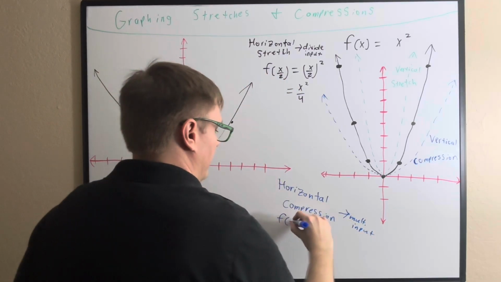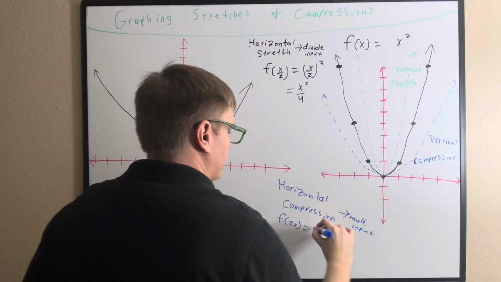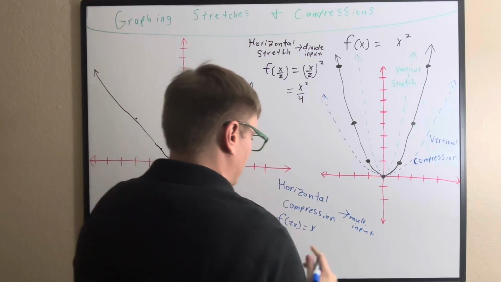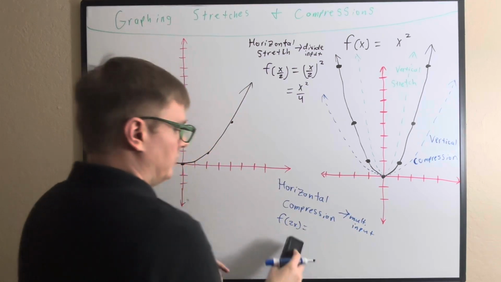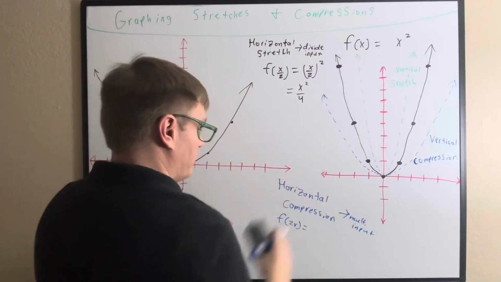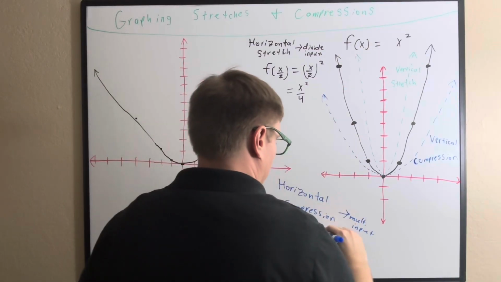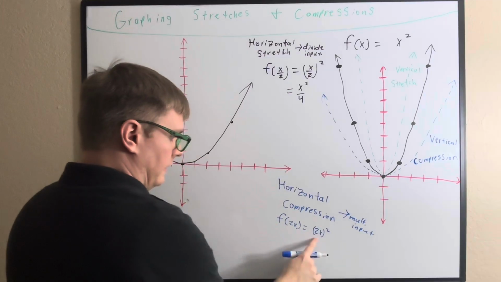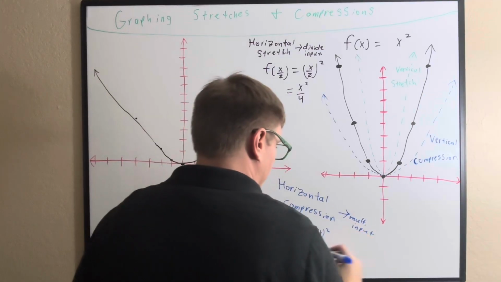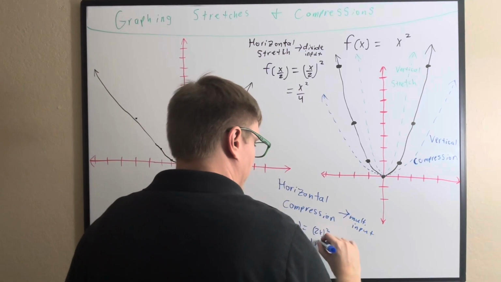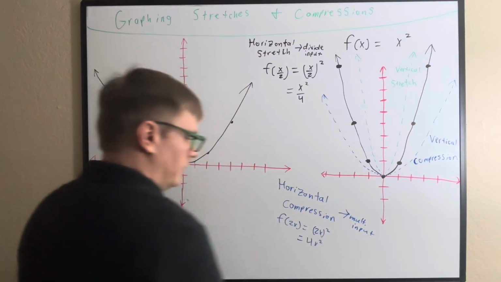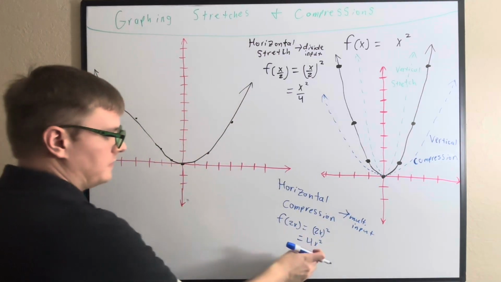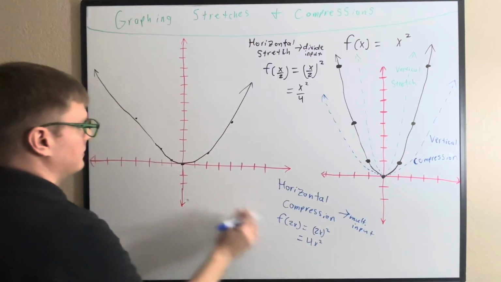So we're going to have f of 2x, right? So we plug in 2x for our input of our original function. 2x times 2x is 4x squared, right? So now let's graph that and see what we get.